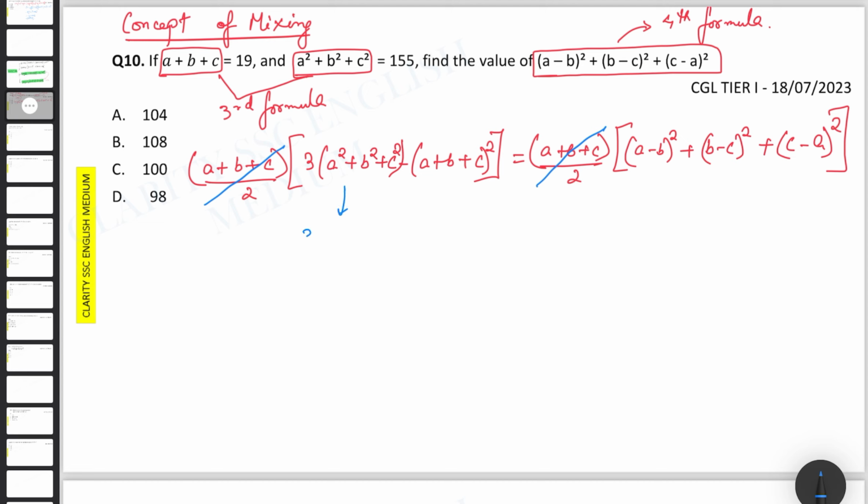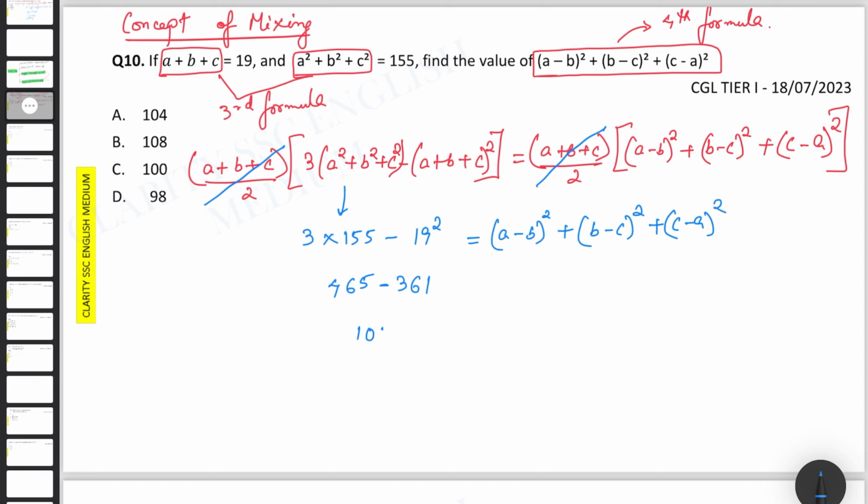So this will be thrice 155 minus 19 square is equal to this expression. We need to find this expression. So what will be the value here? 465 minus 361.